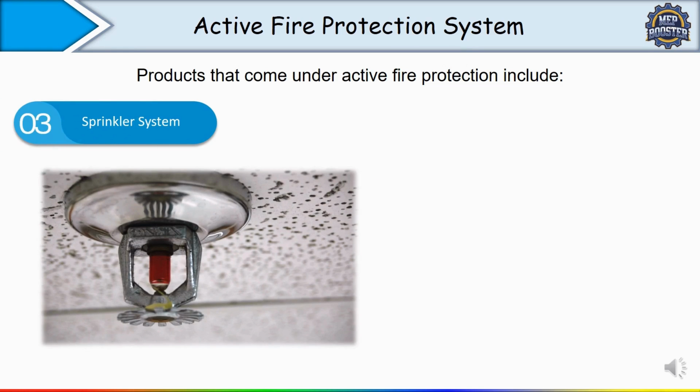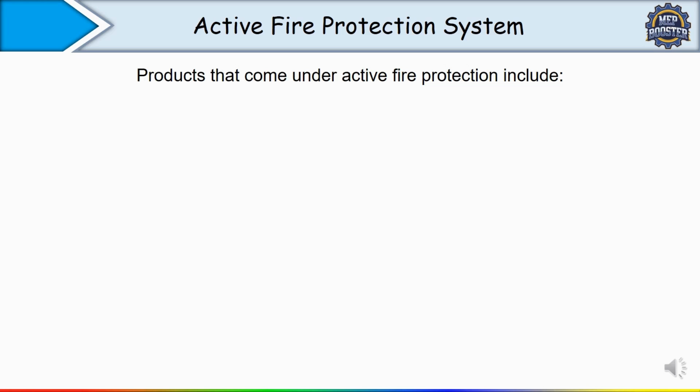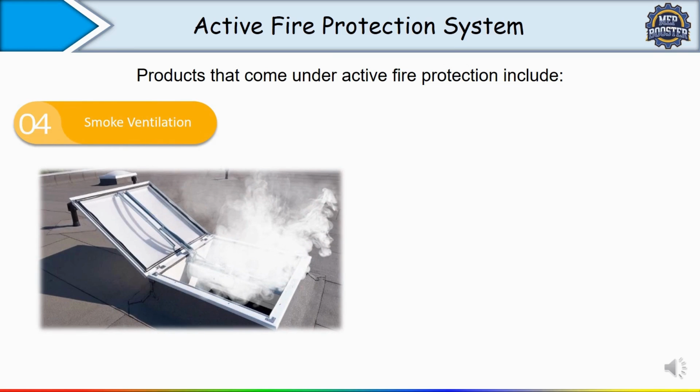Now the third component is the sprinkler system. All of you know that a sprinkler system automatically releases water or other extinguishing agent when a fire is detected to control or suppress the fire. Okay. The next one is the smoke ventilation system.